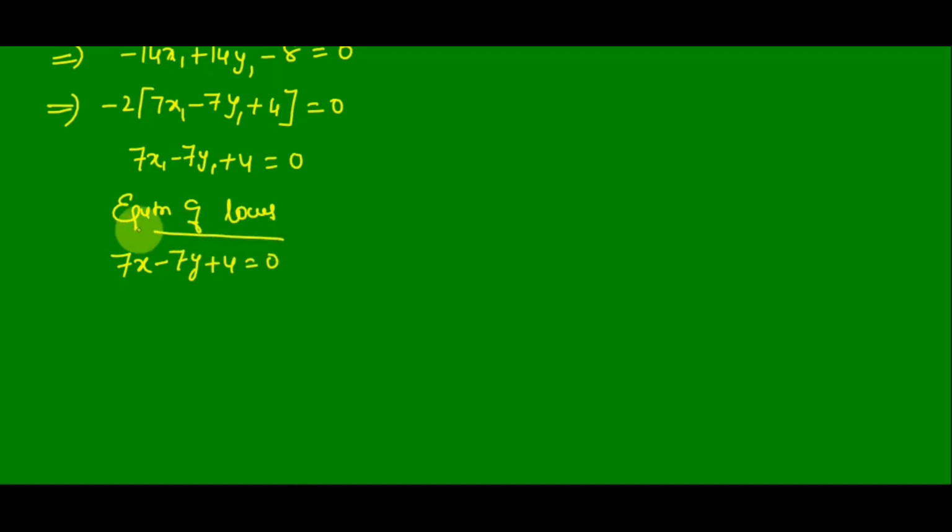So what I am left with is 7x1 minus 7y1 plus 4 equal to 0. This is the equation of locus for one point, that is (x1, y1). Then what is the equation of locus? The general equation of locus of this problem is, we should replace x1 by x and y1 by y, that is 7x minus 7y plus 4 equal to 0. That is what we needed to show.